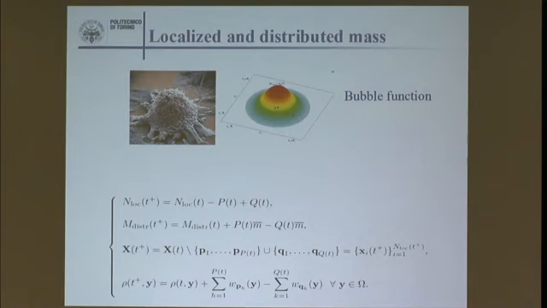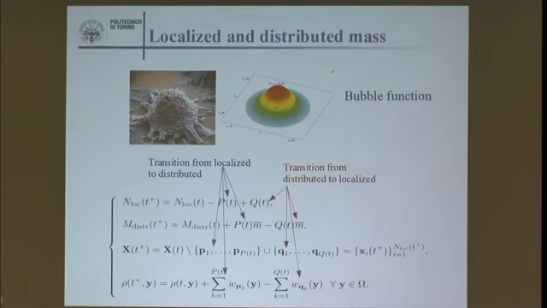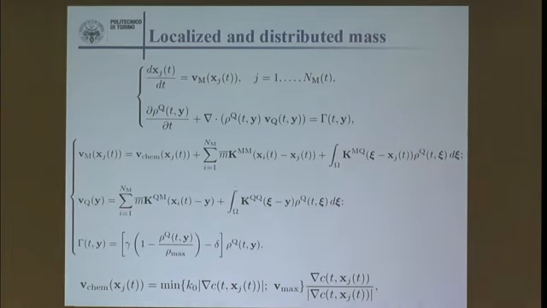So these terms here in blue are the ones related to the transition from localized cells to distributed, and this one has to do with the transition from distributed to localized. The modeling is very similar to the one before.